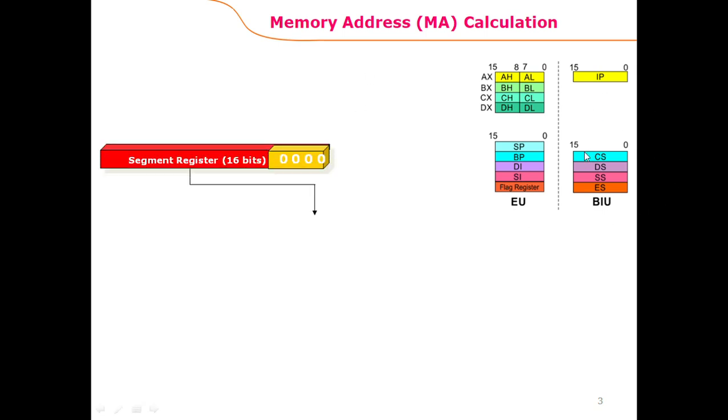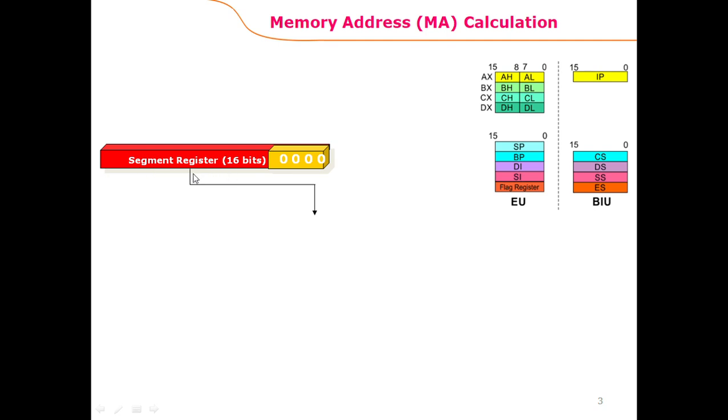Whichever segment of the memory is being accessed, the corresponding segment register provides a 16-bit segment number, and that segment number is then left shifted by one hexadecimal digit, which is equivalent to left shifting by 4 binary digits, or appending 4 zeros in binary, or one hexadecimal 0 at the right side, to create a 20-bit value.